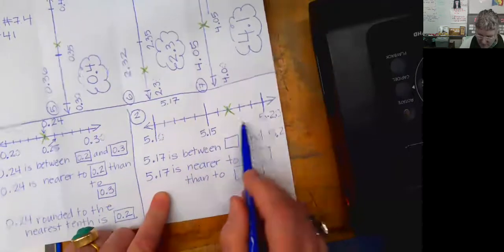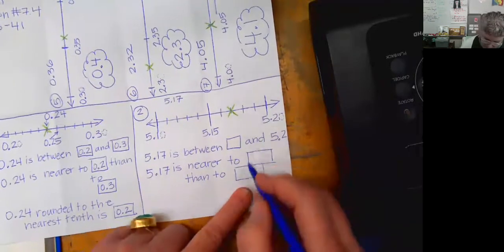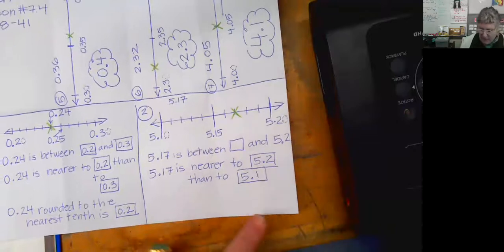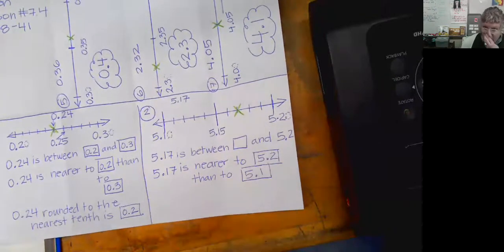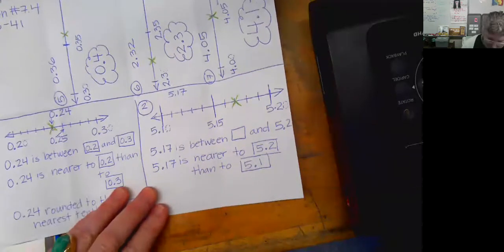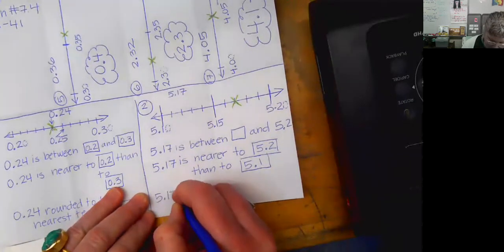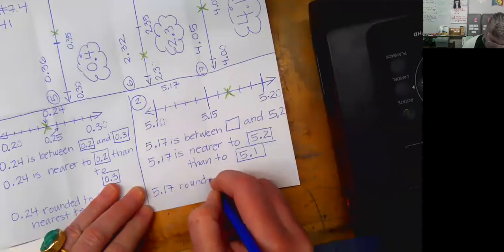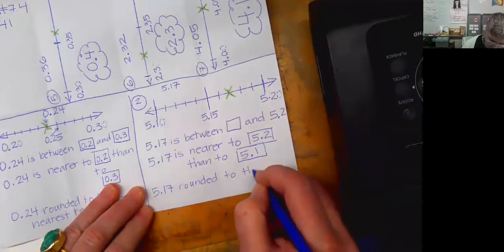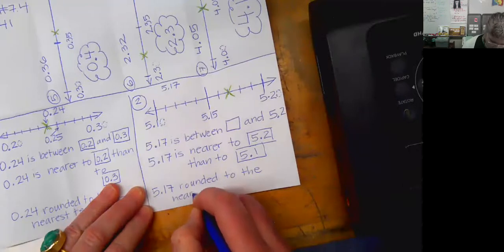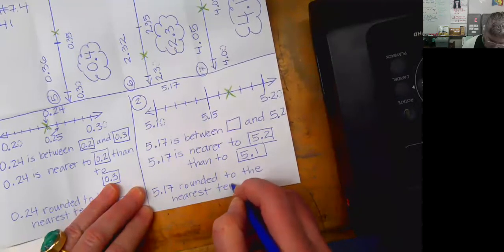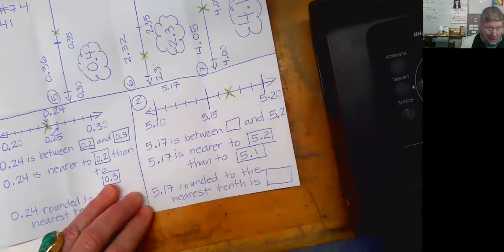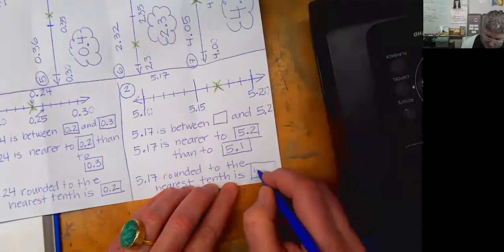So we're going to say that it's nearer to 5.2 than to 5.1 or 5 and 1/10, right? It's closer to 5 and 2/10 than 5 and 1/10. All right. And then we're going to say that 5 and 17 hundredths rounded to the nearest tenth is green box. And that green box is going to have 5 and 2/10 in it.